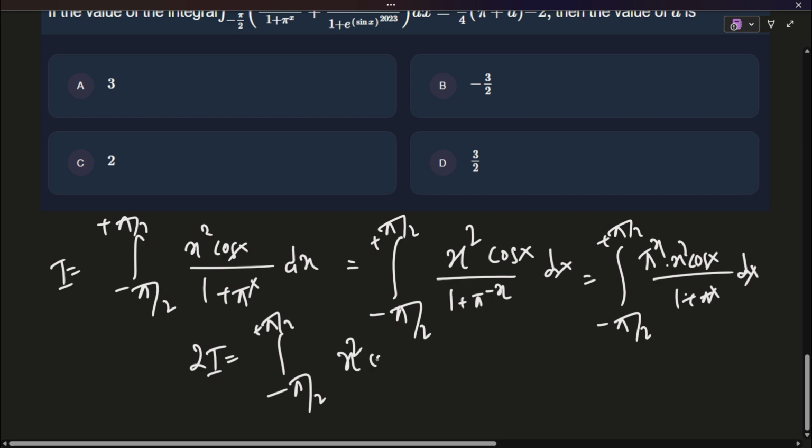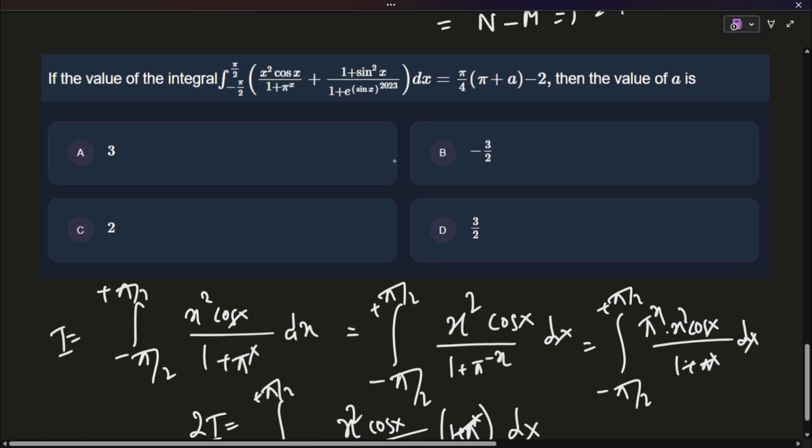And you will again see x square cos x by 1 plus pi to the power x gets common and 1 plus pi to the power x comes on top. And this again cancels off and you're left with a simple integral. Similarly for this, this will become minus sin x and if you take the LCM, the same thing will come. So this is how these integrals are so easy to solve. You have to use King's property.